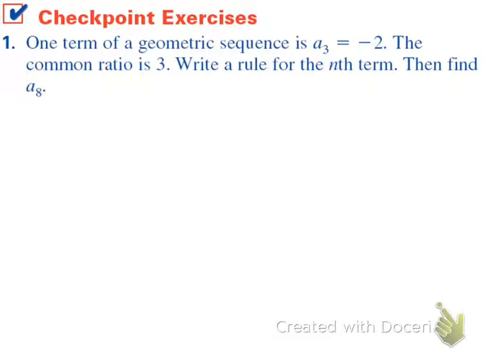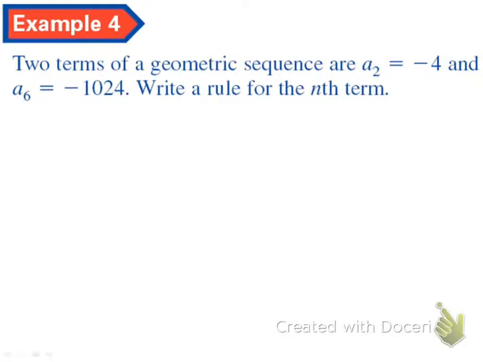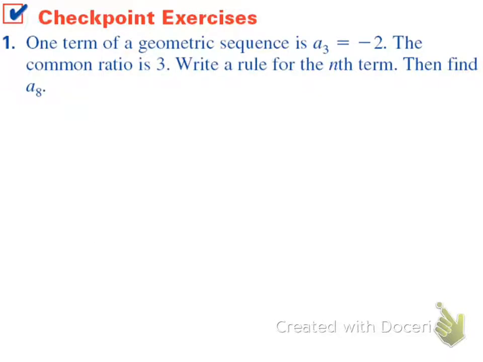Alright. If you've solved this correctly, you should have found that to begin this problem, the first term was negative 2/9. Then using that first term, you could write your rule for any term, which is part of what you were asked to do in this problem.